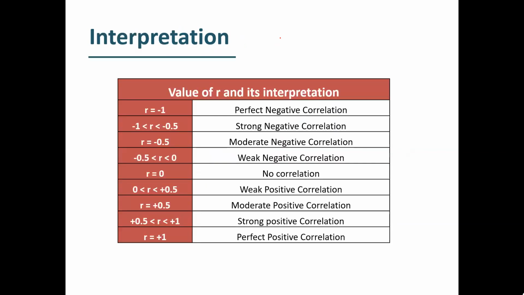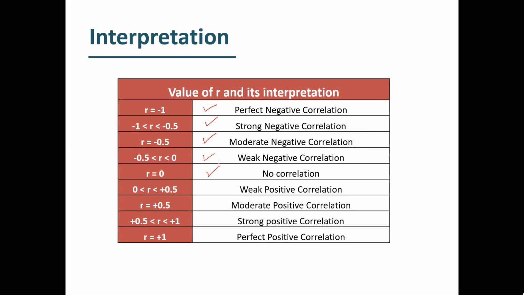Now, how to interpret the correlation coefficient? If r is -1, perfect negative correlation. If it is between -1 and -0.5, strong negative correlation. If it is -0.5, moderate negative correlation. If it is between -0.5 and 0, weak negative correlation.